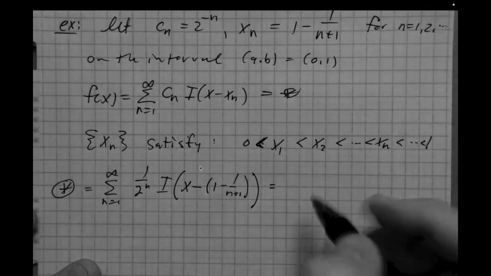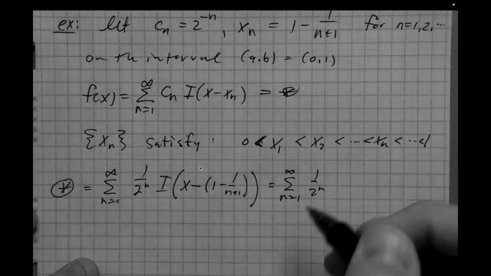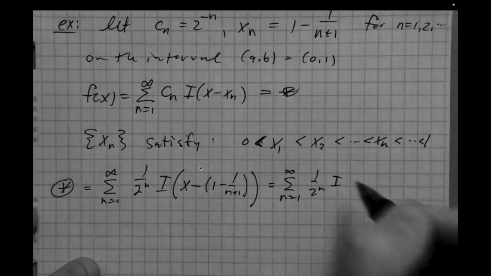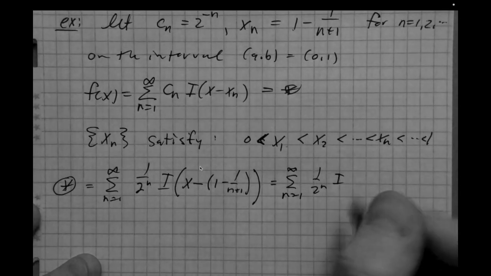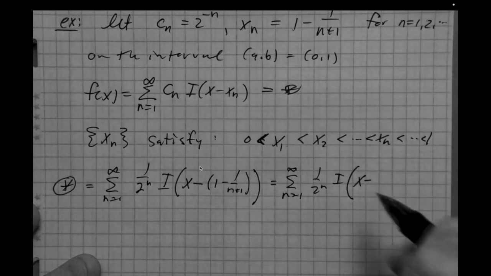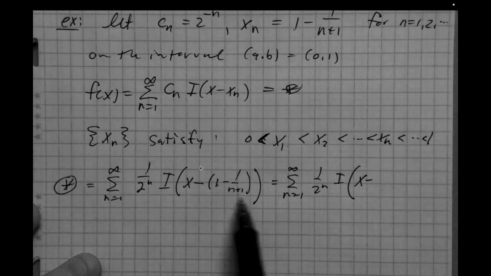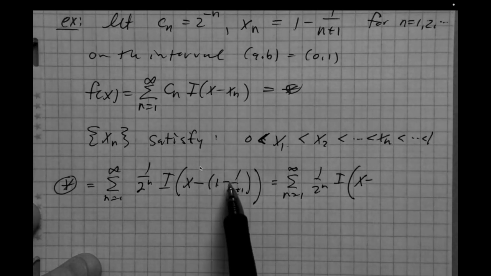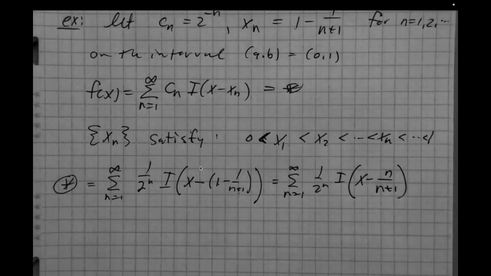We can clean this up a little bit. It's the sum from n equals 1 to infinity of 1 over 2 to the n, times I of x minus, n plus 1 minus 1 over n plus 1, so this would be just n over n plus 1. It looks like that.